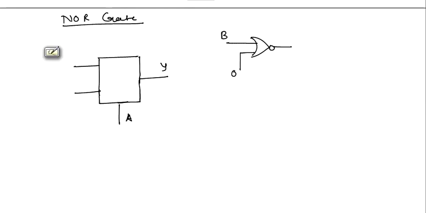Then we know that in a NOR gate, whenever any input is 1, the output will be 0.